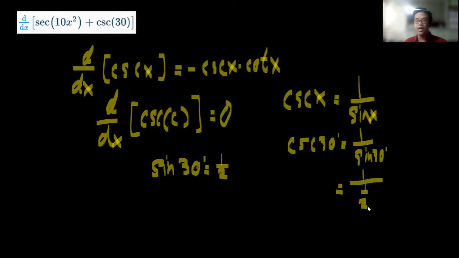If you simplify it by getting the reciprocal, you would have 2. So it is still constant. Cosecant 30 degrees or 2, it is constant. So therefore, the derivative of cosecant 30 degrees or the derivative of 2 is just 0.